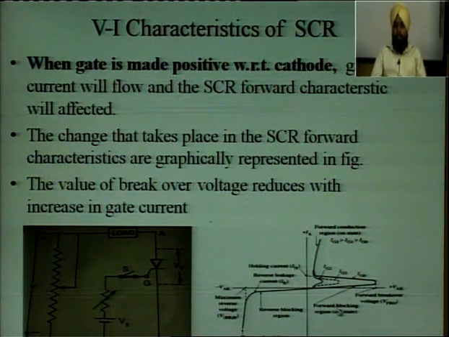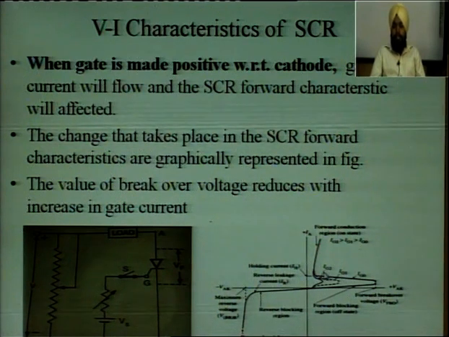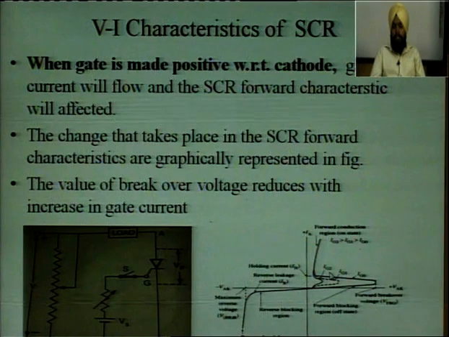Here you can see I have taken 3 cases. First is Ig naught, that is gate current when gate current is 0, the same condition as when the gate is open. Second is when gate current is Ig1, which is greater than Ig naught, and third case is when gate current is Ig2, greater than Ig1 and Ig0.